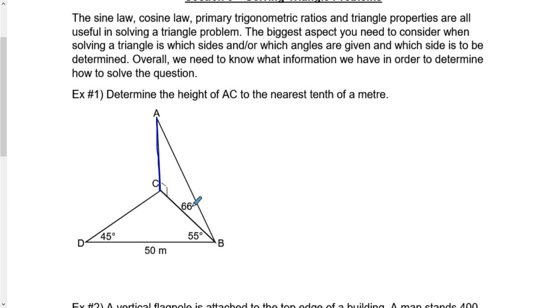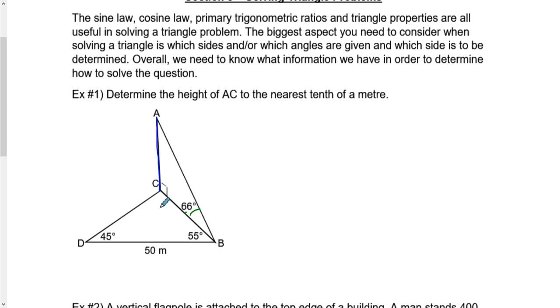For example, here, the only two things in this triangle that we know are that this angle down here is 66 degrees, and that this is a right angle triangle, which means we can obviously calculate what this angle is, but knowing three angles doesn't help us with side lengths. The only side length that we have is down here, which means we're going to have to know some more things down in this bottom triangle to help us calculate for this one.